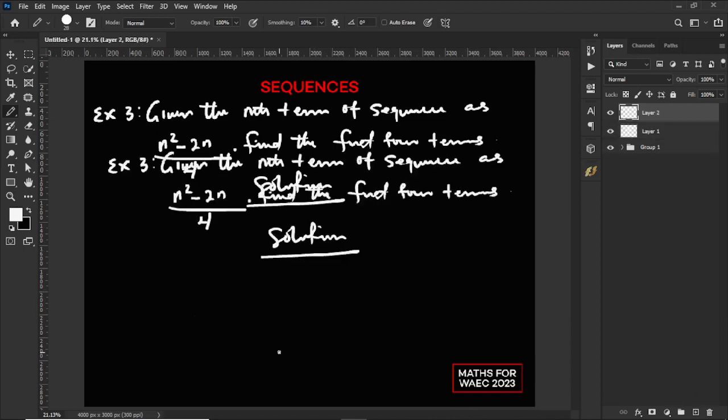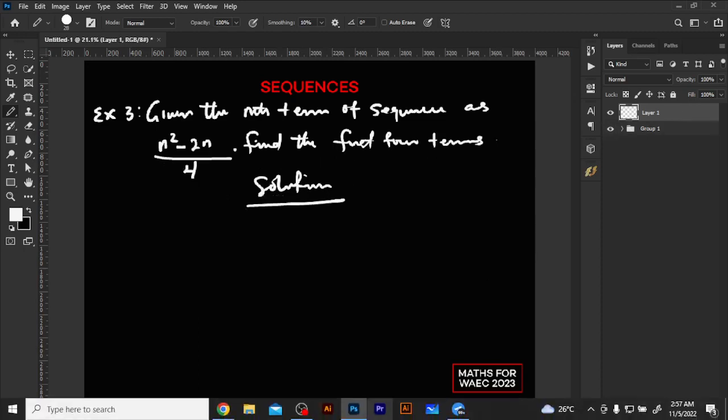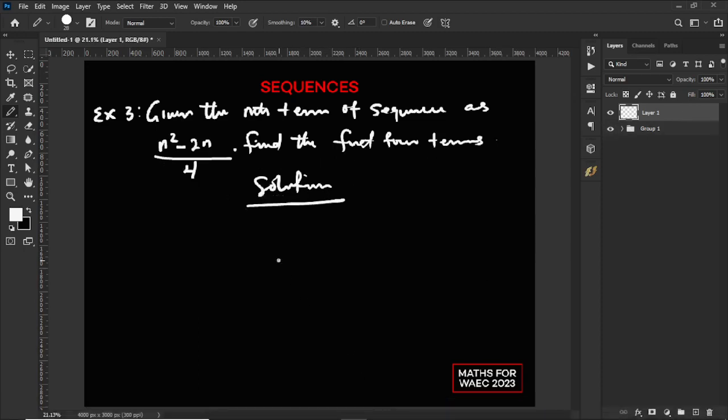So what's the result now? For the first term, T1, the result is -1/4. For the second term, T2 is 0.